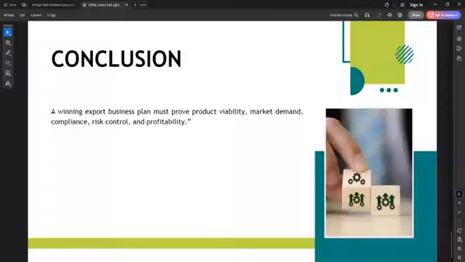Whatever it is, you can build an export plan around it for a winning international and global market. Okay, so in conclusion, a winning export business plan must prove product viability, market demand, compliance, risk control, and profitability. This is really important. Okay.